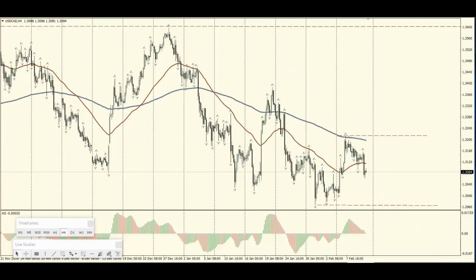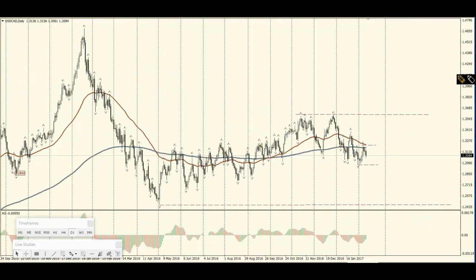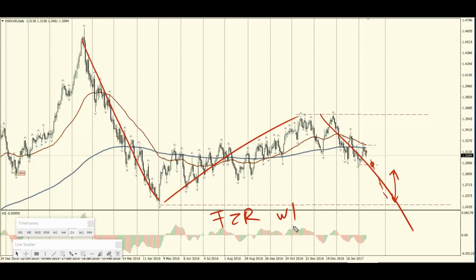As you can see, the potential is quite good. If we break through to that point, we can go quite far down and even create an FZR of weekly level down. But for now, as long as we're here, I just have to wait.